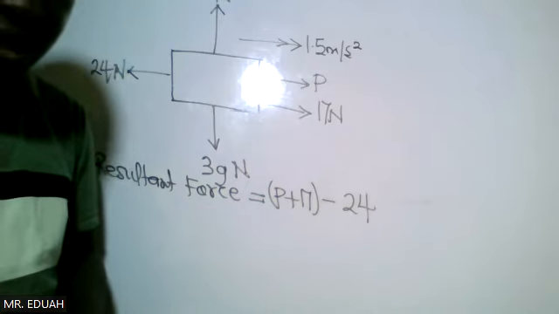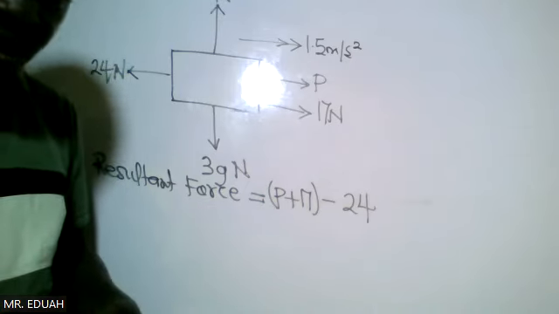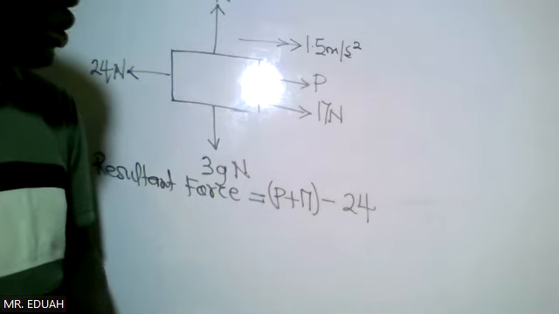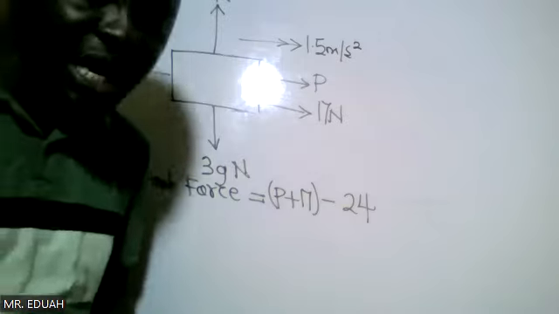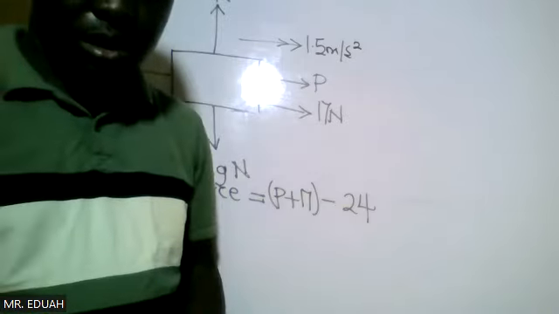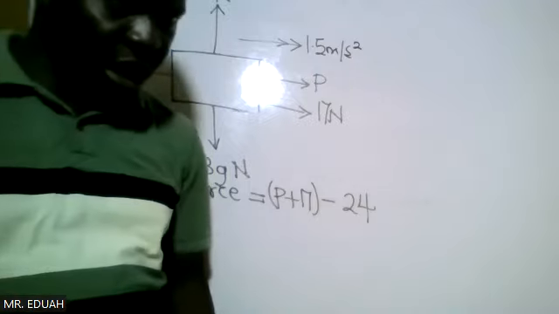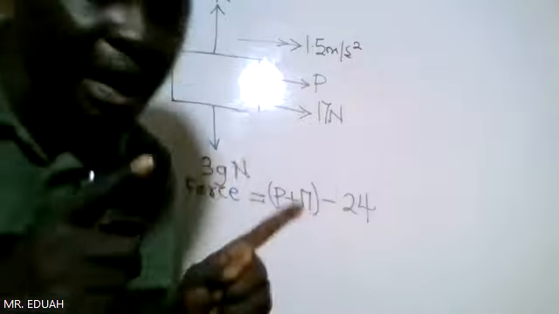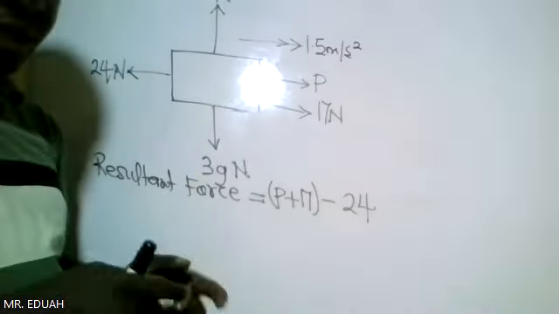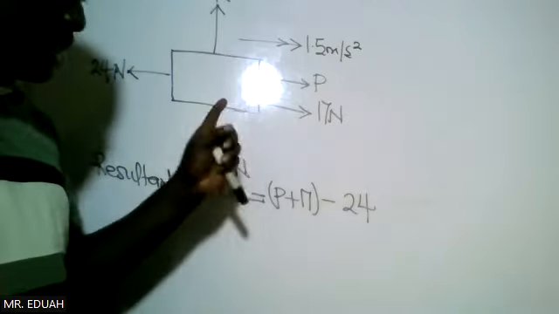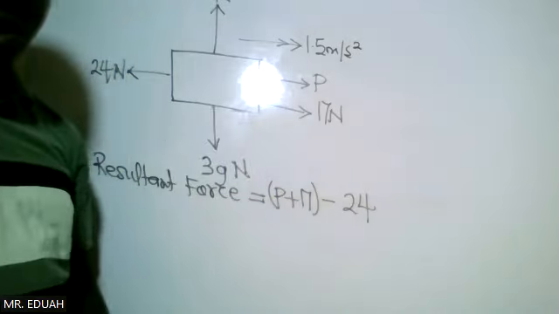What do we expect for acceleration? If the resultant force is zero, I expect the acceleration to be zero. Okay, so in that case, if the body is in motion, what must happen to the velocity?